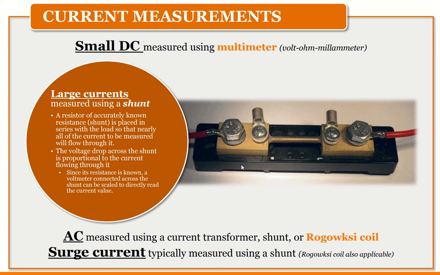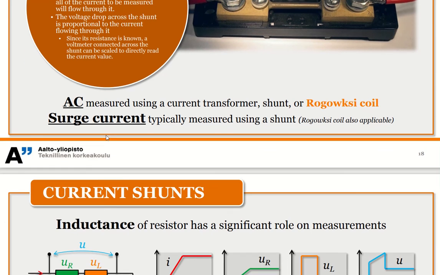To make sure the connection is in series, so the current flowing will be measured. The voltage drop across the shunt is proportional to the current flowing through it. Since its resistance is known, a voltmeter connected across the shunt can be scaled to directly read the current value.